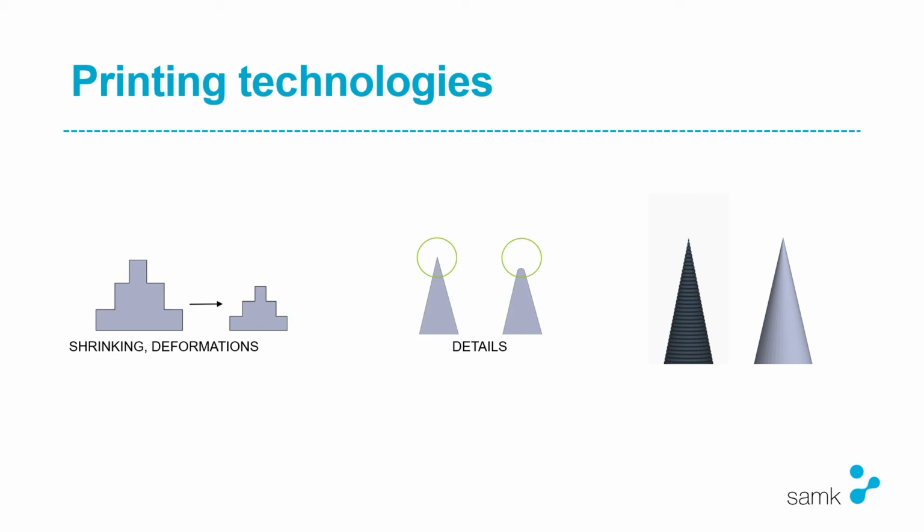Well, when talking about SLS, it doesn't shrink, so it doesn't do any deformations, but the details that can be achieved are plus minus 0.3 millimeters. For example, the spikes shown in the image don't come out as very pointy spikes.